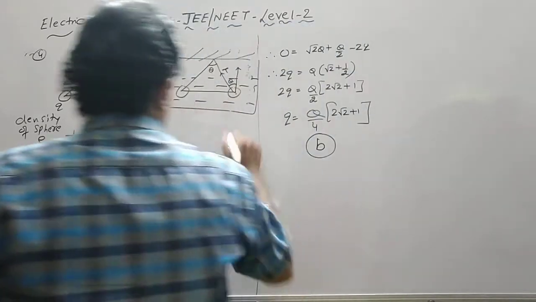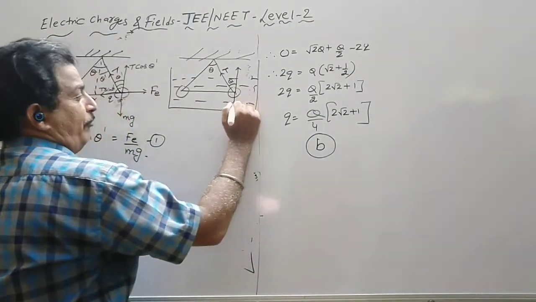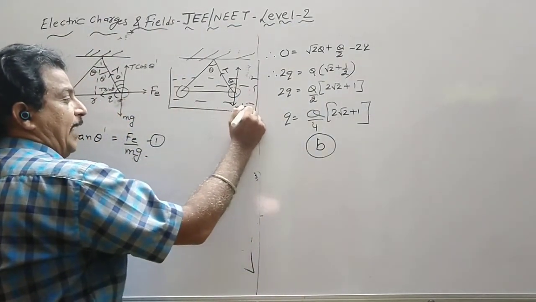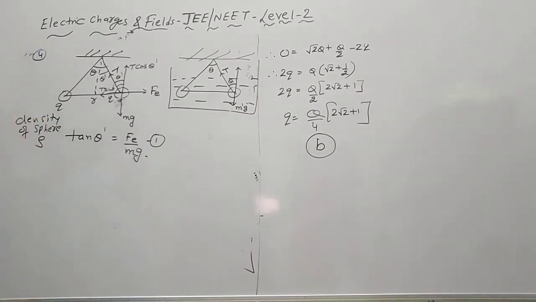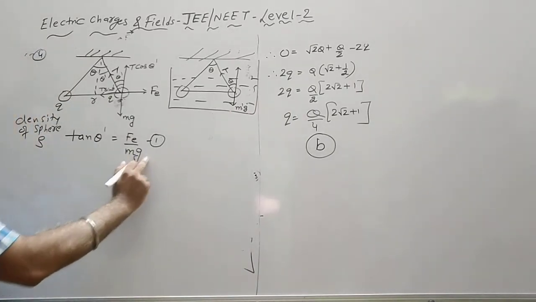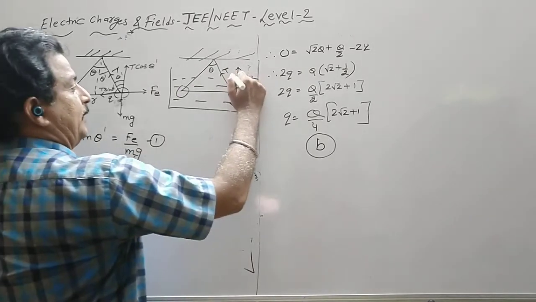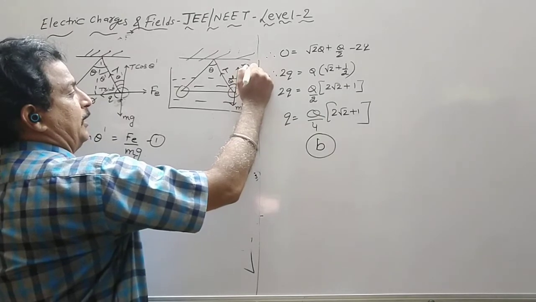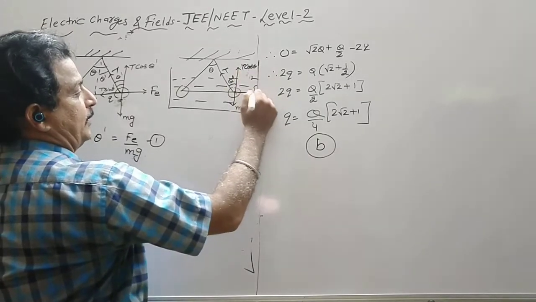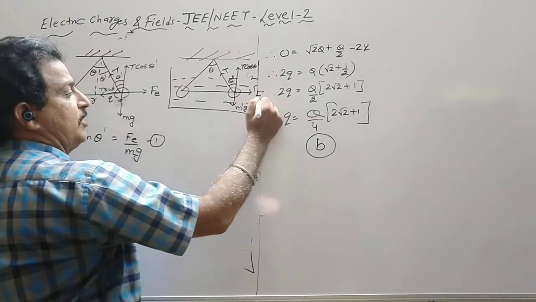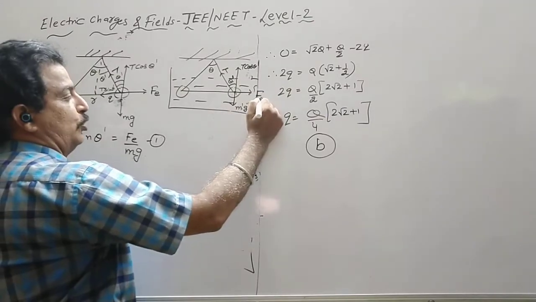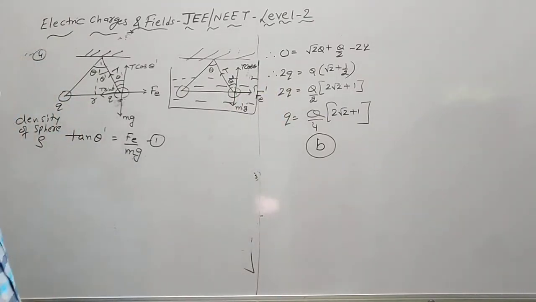So now instead of mg, we write mg dash, and we will find the effective weight. Let this angle be theta dash, with T cos theta dash. The force will change because the medium is changed, so let this force be Fe dash.